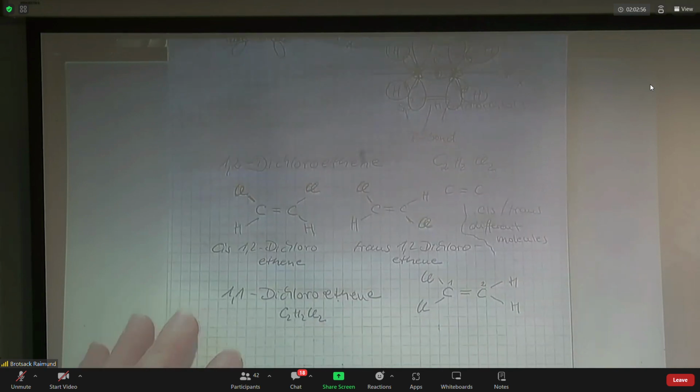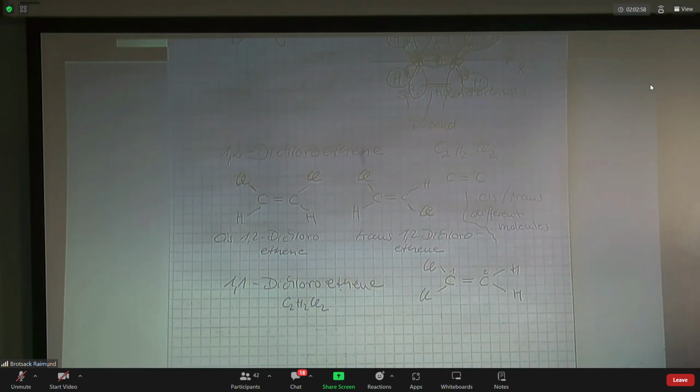Of course, they are similar in their behavior, but not totally, because from the sum formula, same amount of atoms, it's a double bond, but the geometric form is different. So different materials, different molecules, different material, different behavior from the chemical structure.